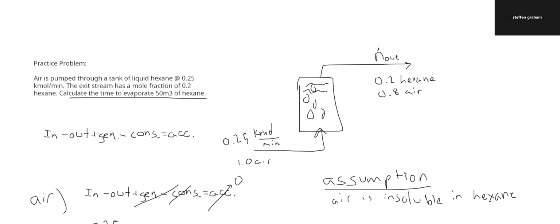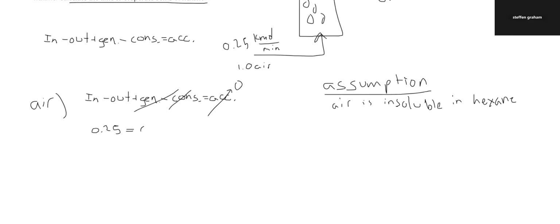We can write that as 0.8 times N out. Solving for N out, we will get 0.3125 kilomole per minute.